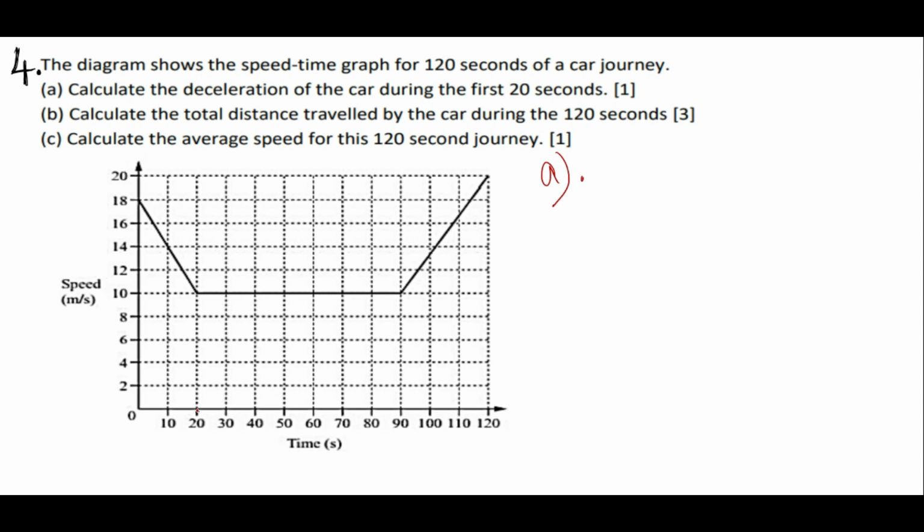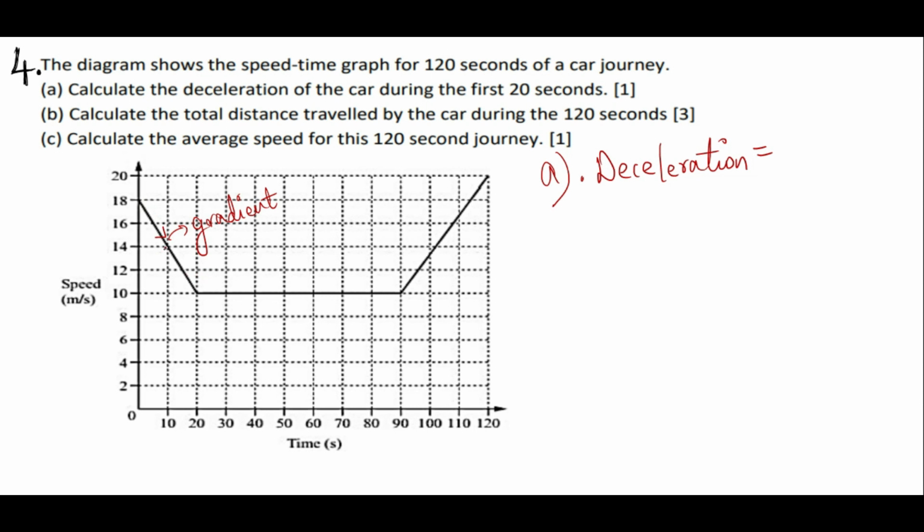So here you have the 20 seconds and you can see it's a straight line. So deceleration is nothing but a negative acceleration. So here again you find the gradient, which is the change in y. Here the gradient is going to be negative. Regarding the sign of the answer, if you're talking about acceleration, it is going to be negative.